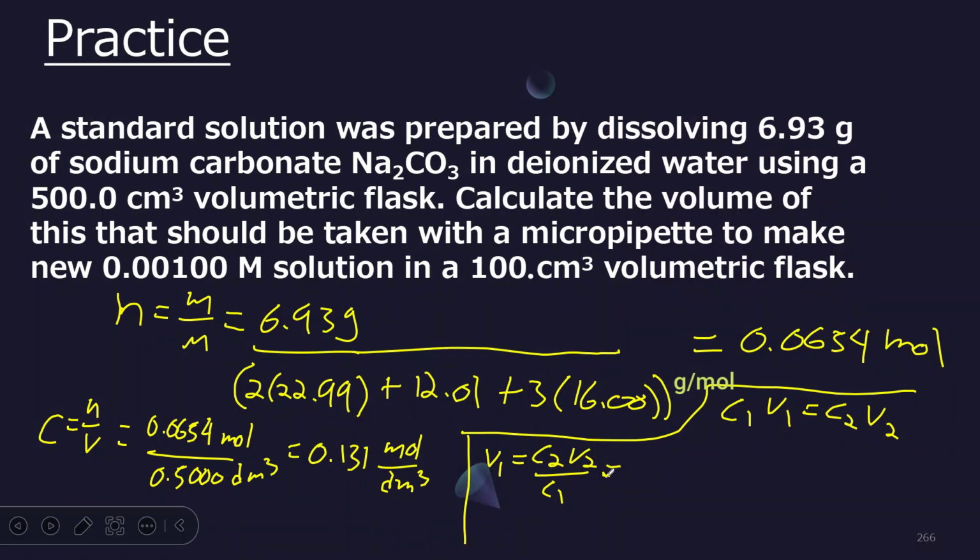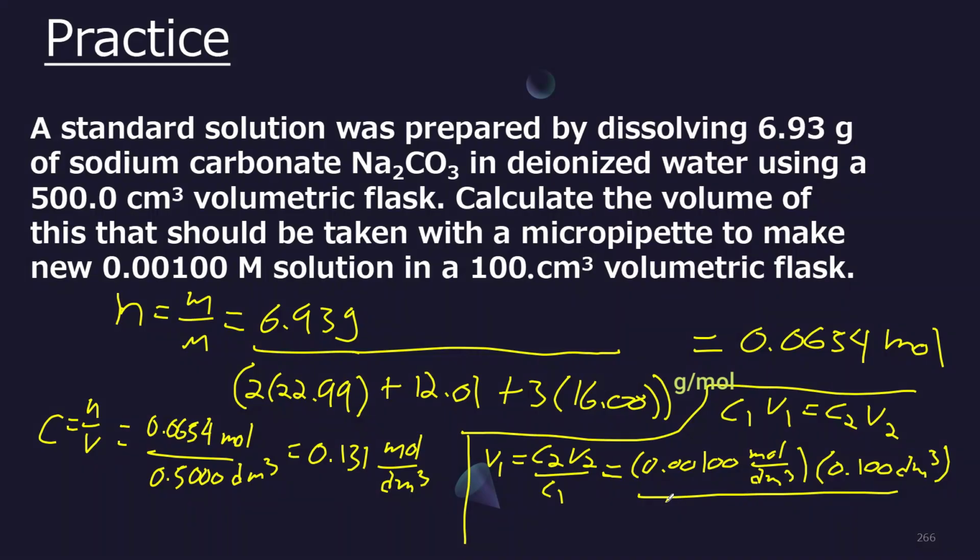Rearranging this, our final concentration needs to be 0.001. Our final volume, V2, is 100 centimeters cubed. That's 0.100 decimeter cubed.